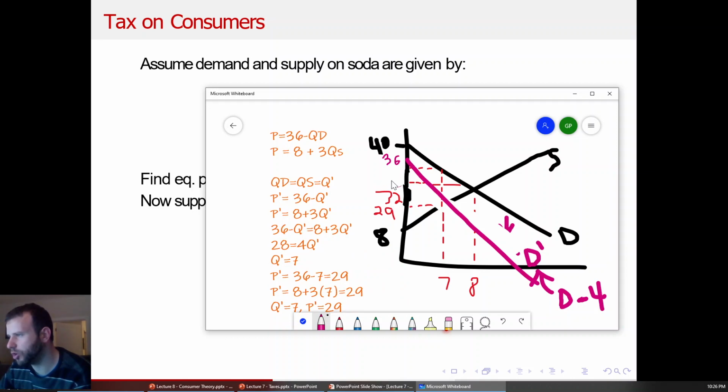So 36 was the old intercept. 32 is the new intercept. What was the old equilibrium? I'm sorry, 36 is the new intercept. Let me try this again, because now I've confused myself. Okay, so the old intercept was 40, now it's 36.